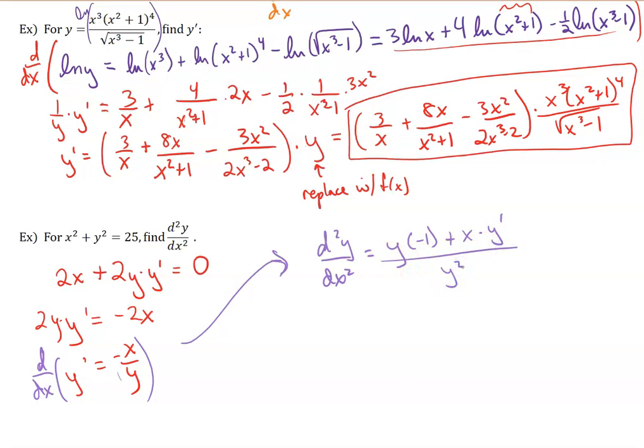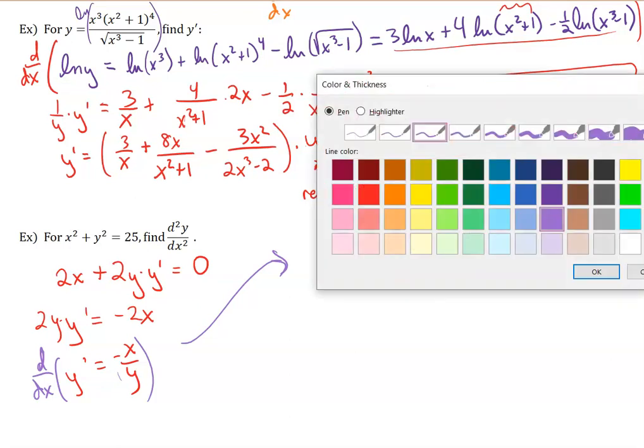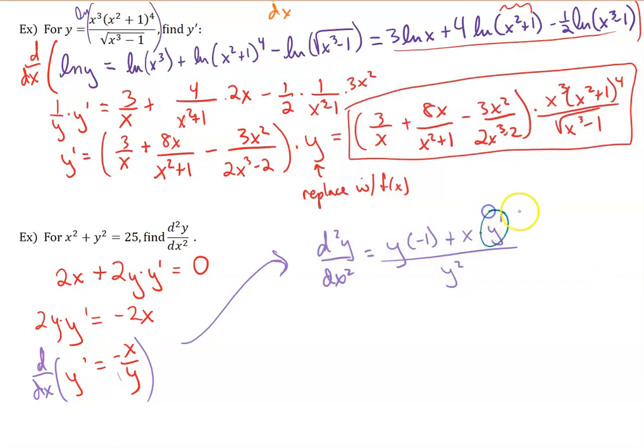Now here's the thing. Your second derivative cannot have a notation for the first derivative in it, so we need to get rid of this. We can't just delete it or ignore it, but what we can do is replace it with what we know dy over dx to be. So replace it with dy over dx, which is negative x over y.